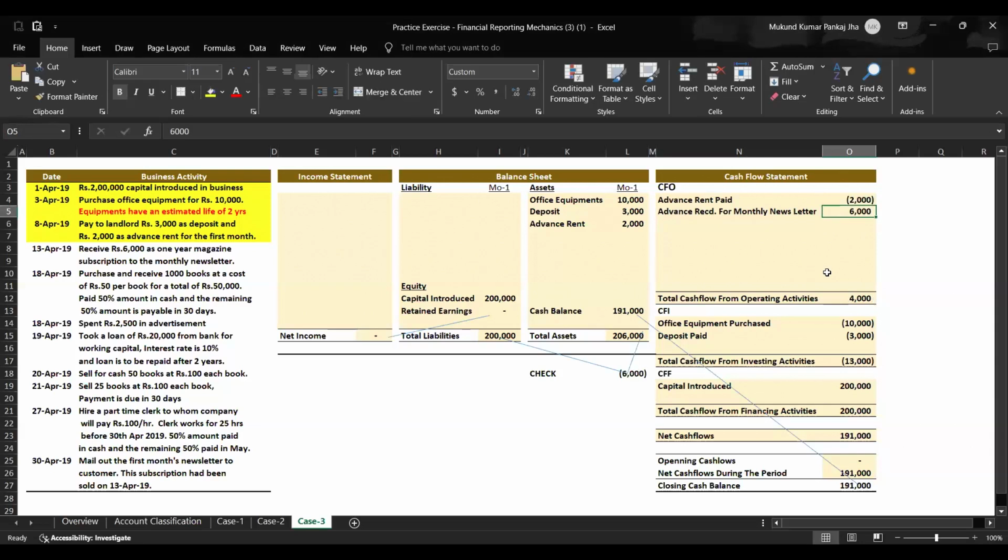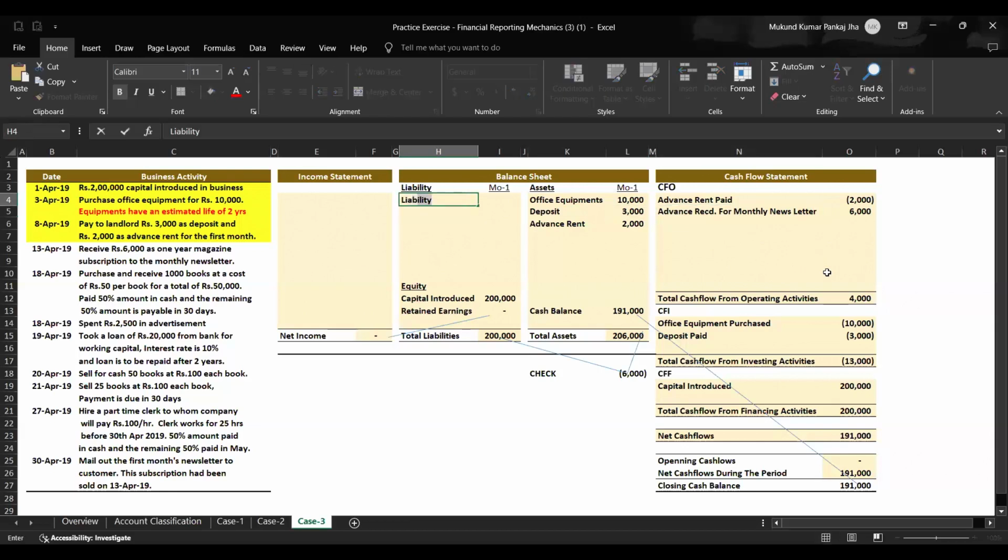And what is advance received for me? If I have received 1 year worth of magazine subscription amount in advance, what is that for me? It is a liability for me. Can I record this as revenue? No. Till the time I have not provided them with the magazines, I can't record this as revenue.